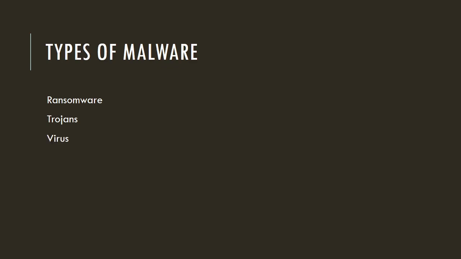Viruses are malwares that attach themselves to another program or document, which can replicate and spread after a person runs it first. So a virus needs a host system to replicate and an action from a user to spread from one system to another.